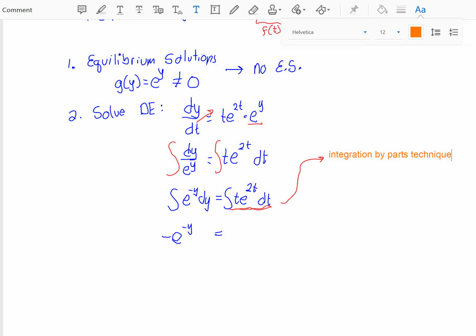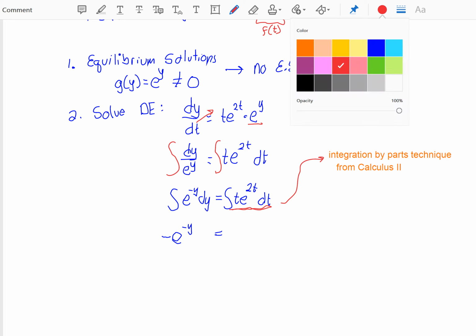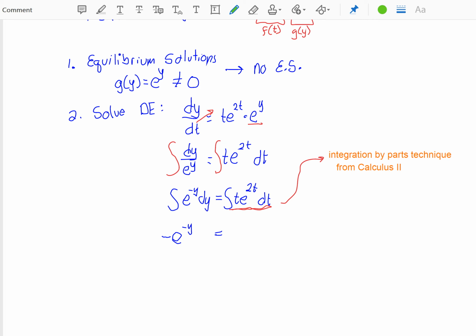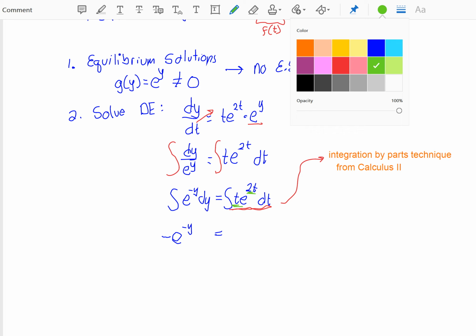And I know we have to use the integration by parts technique because the right-hand side is a product of two functions, and it's not a u substitution problem. If you were considering a u substitution problem, you'd probably first consider maybe let u equal this exponent 2t, but then the derivative of 2t is 2, which does not show up down here, which tells me it's not a u substitution problem.